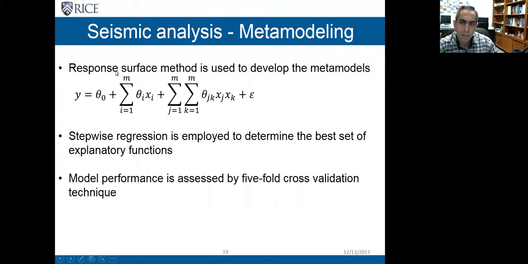For metamodeling, I have used the response surface method. And when we fit a response surface model, we are looking for model parameters, which are shown by theta, and model error. I have used a stepwise regression to select the best set of predictors and assessed the performance of the model by using 5-fold cross-validation.